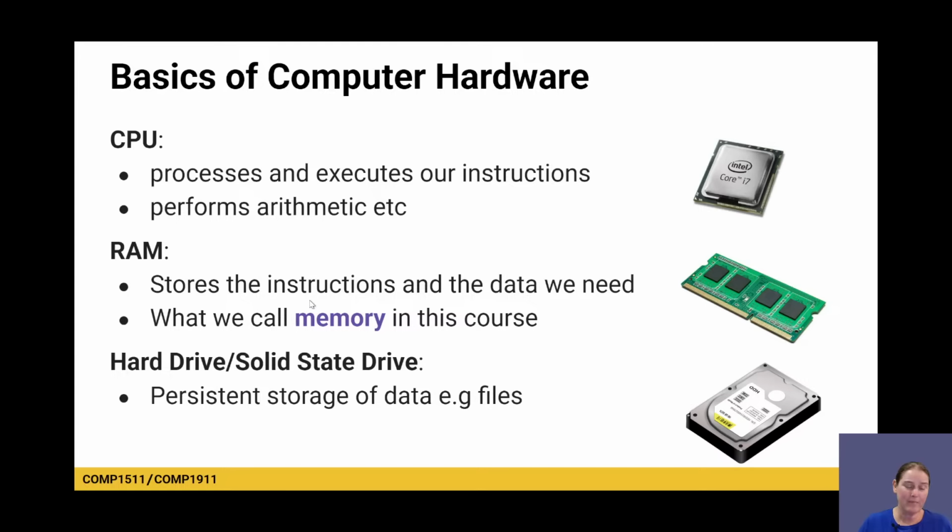And especially back in the old days, if you forgot to save your file, maybe everything was in RAM, but you hadn't saved it to an actual file. Anyway, the main thing that we need to know is that when we talk about memory in this course, this is RAM, not files.